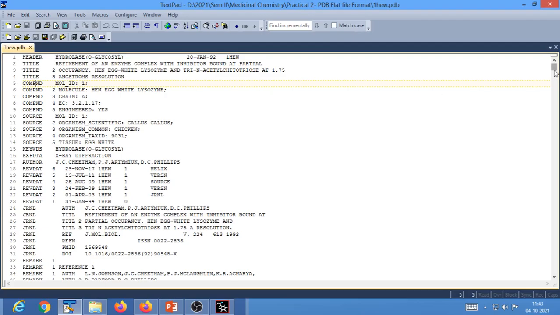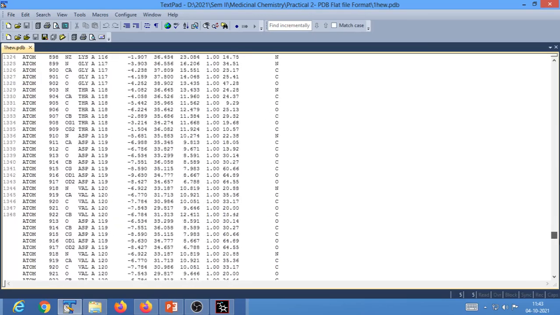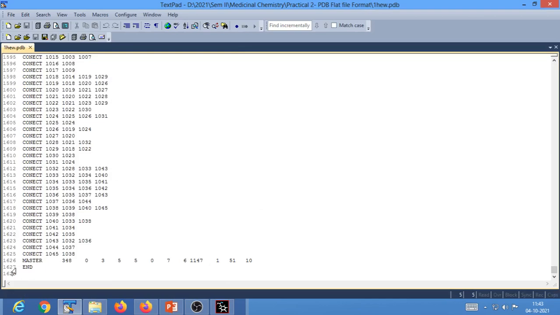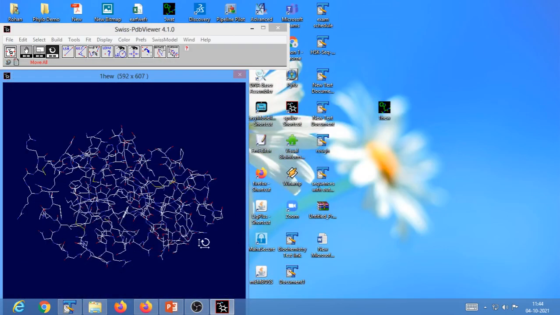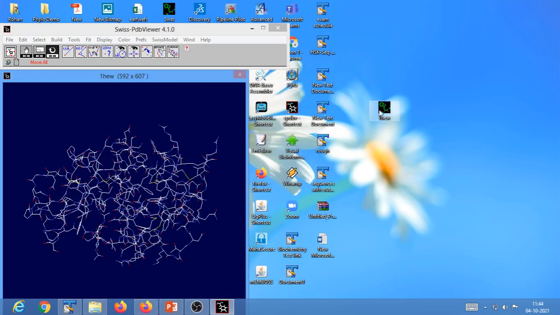In this way, if we scroll down, you can see that this PDB file consists of data that extends over 1627 lines. These 1627 lines are read by your structure visualizer the moment you drag and drop it, and it would show you this beautiful model.